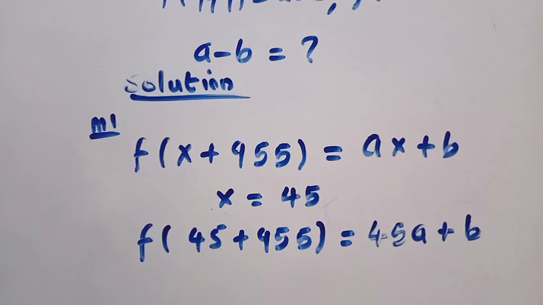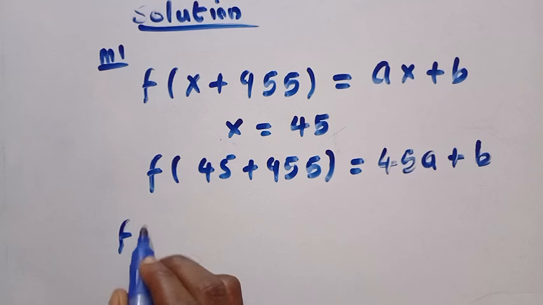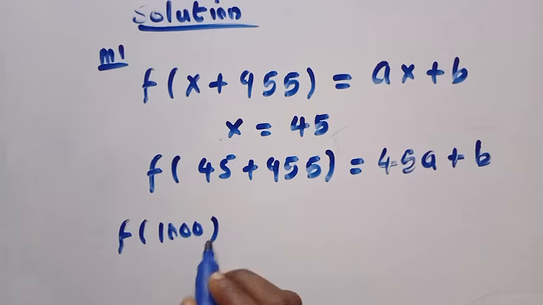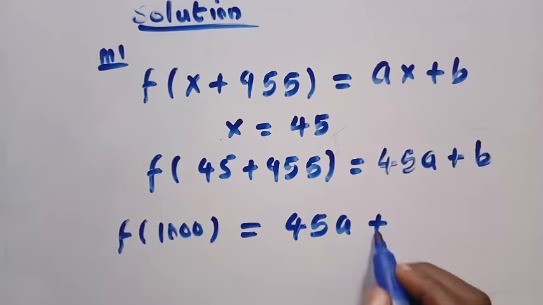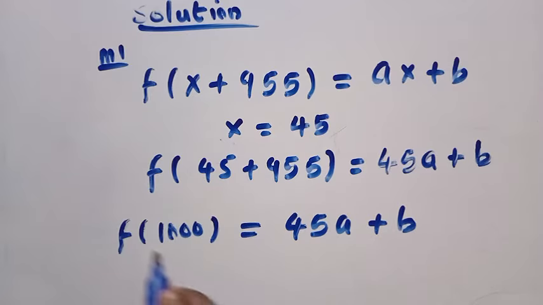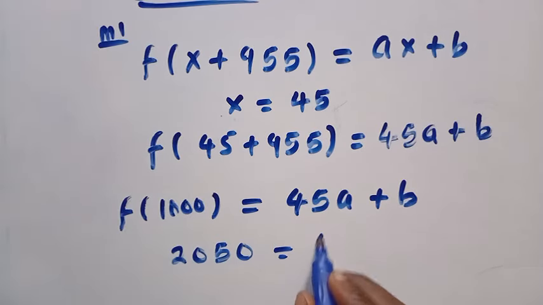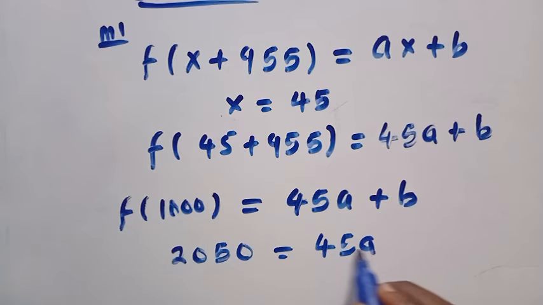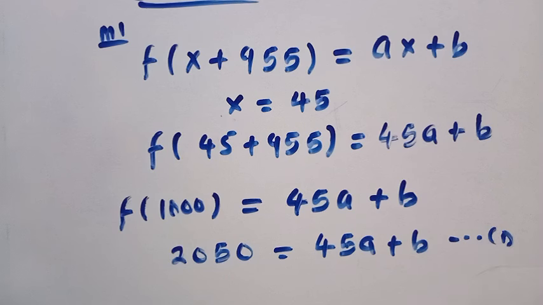And we know from this side, this equals f of 1000, equals 45a plus b. But f of 1000 gives us 2050. So by replacing this, we have 2050 equals 45a plus b. So I call this one equation 1.